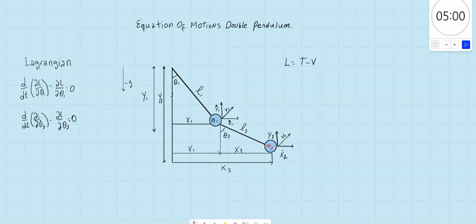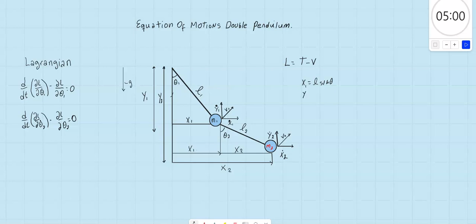I'll be using the Lagrangian, which is the kinetic energy minus the potential energy. This is going to be probably 4 videos. First, I want to find the positions and the velocities. My first position x1 will be the opposite, which is L1 sine of theta 1.